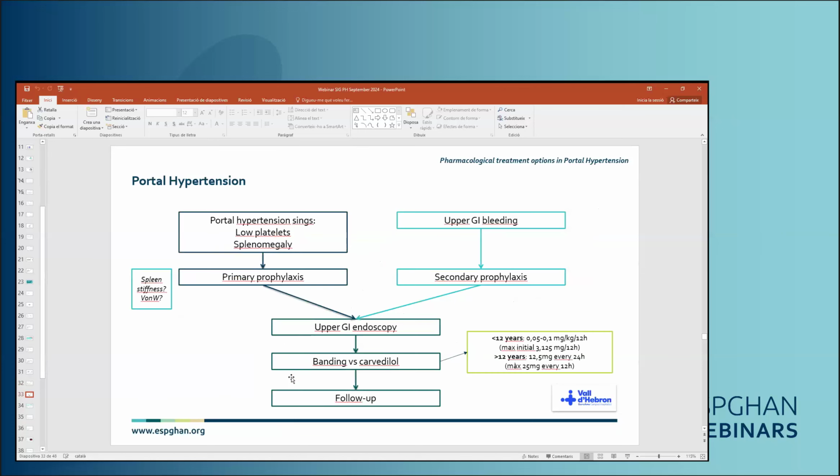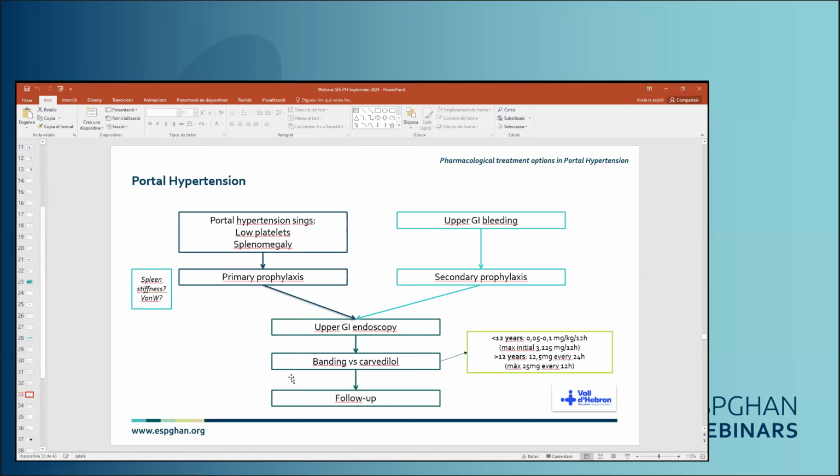What we actually do now is, patients that have portal hypertension signs, low platelets, splenomegaly, we do primary prophylaxis, scope them, and either do ligation or use carvedilol. Carvedilol we only use in those patients that have gastric varices or portal gastritis.